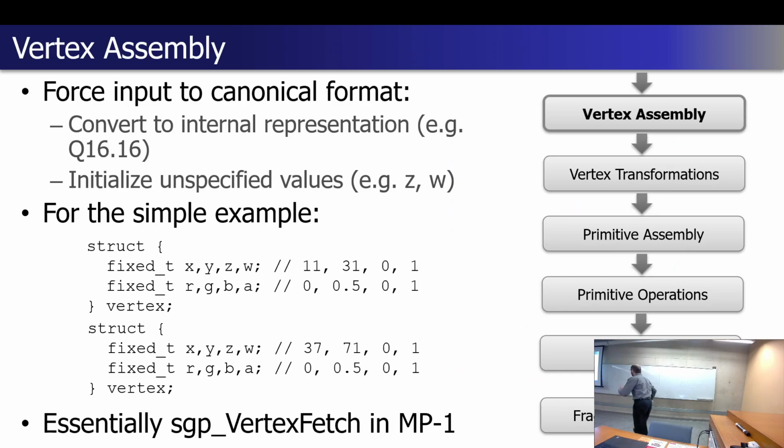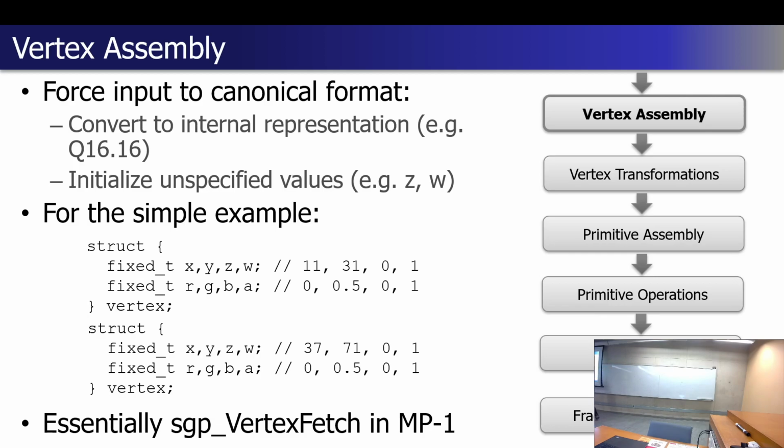So for example, if we just specified our xy, as a 2 vector, internally we would then have to convert it at the vertex assembly stage to have the other unspecified values at the very least. Z information, W information. For color, we would then have to potentially specify our alpha, our transparency information, if we didn't already specify it.